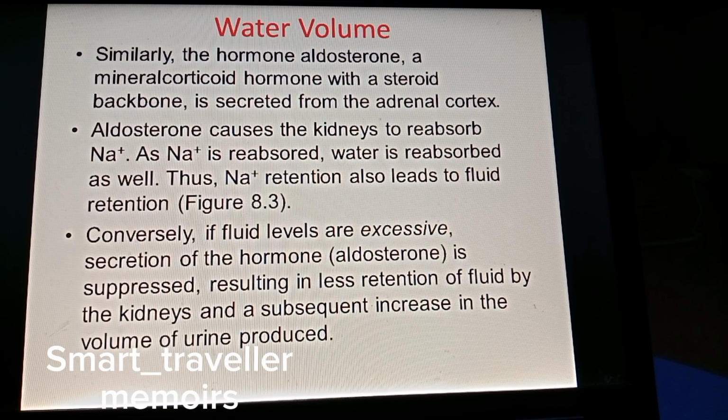Thus, sodium ion retention also leads to fluid retention. Conversely, if fluid levels are excessive, secretion of the hormone aldosterone is suppressed, resulting in less retention of fluid by the kidneys and a subsequent increase in the volume of urine produced.